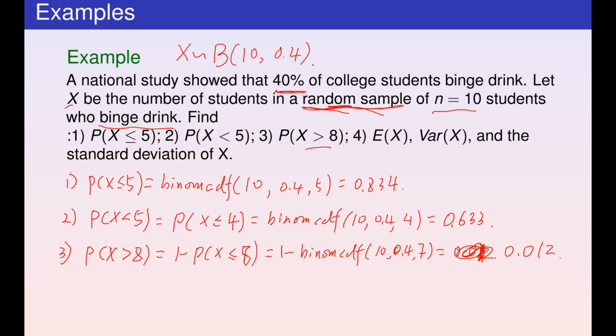Ah, yes, very good, John. Greater than 8 is going to be 1 minus the probability of less than or equal to 8.